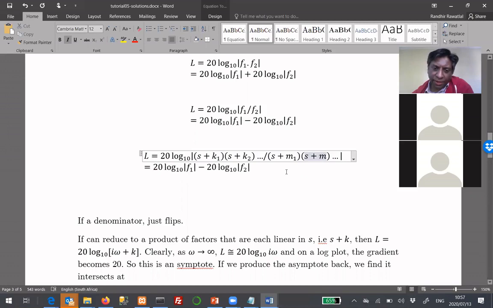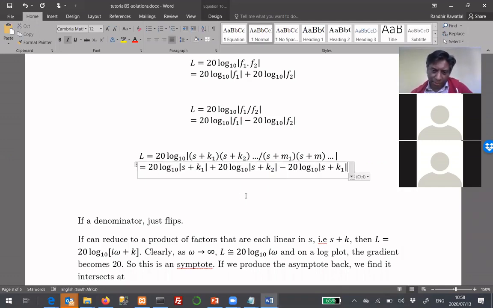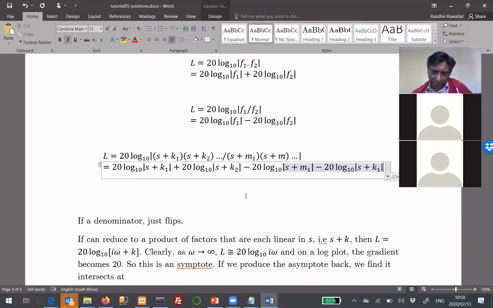Then you see all that happens is we get more terms down here. So we would simply have the magnitude of S plus K1 and then S plus K2, and then minus the magnitude of S plus M1 and minus S plus M2 and so on.